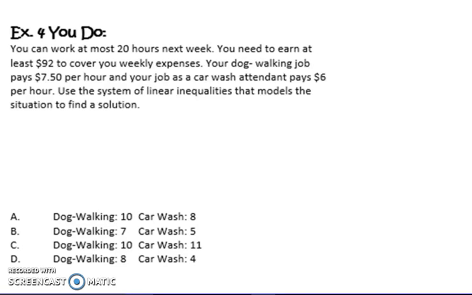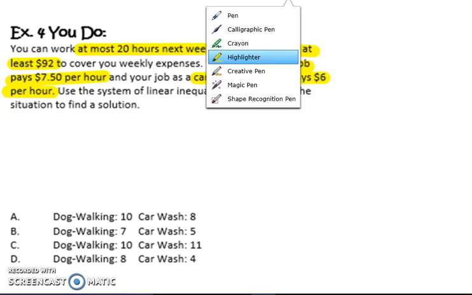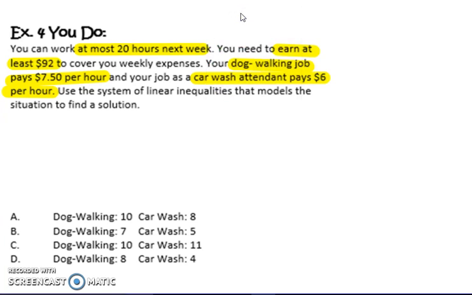Our final question. You can work at most 20 hours next week. You need to earn at least $92 to cover your weekly expenses. Your dog walking job pays $7.50 per hour, and your job as car wash attendant pays $6 per hour. So, let's write our inequality.